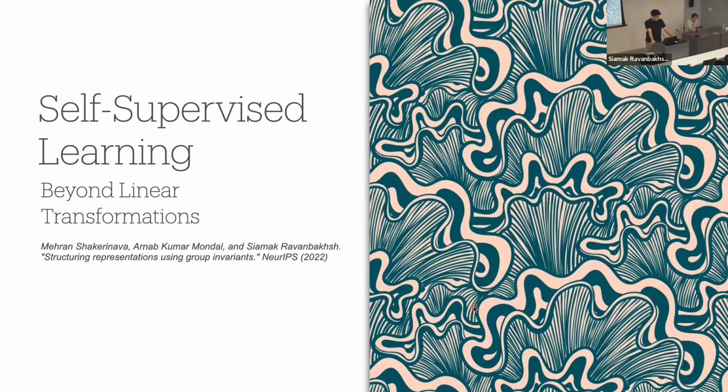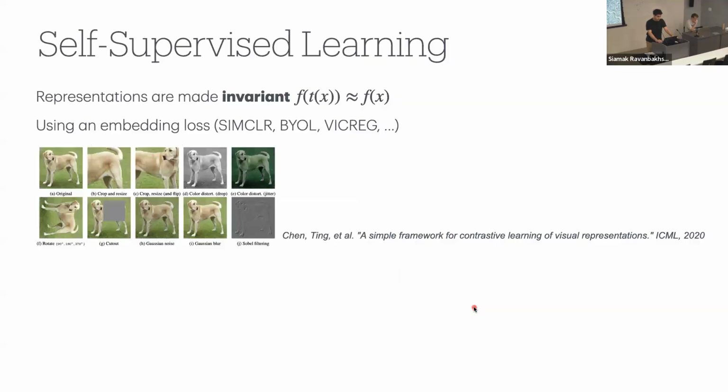So the next work I'm going to talk about is the application of symmetries in self-supervised learning. Symmetry transformations already come in and are already being used to train self-supervised learning models.